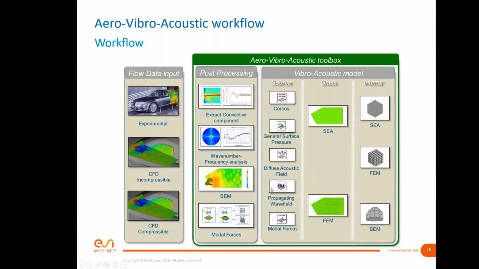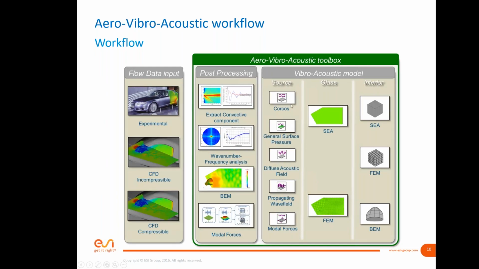Also the propagative wave field, which takes into account a specific incidence onto the panel, and the modal forces, which correspond directly to the projection of the fluctuating surface pressure onto the modes of the structure, using a finite element based approach.